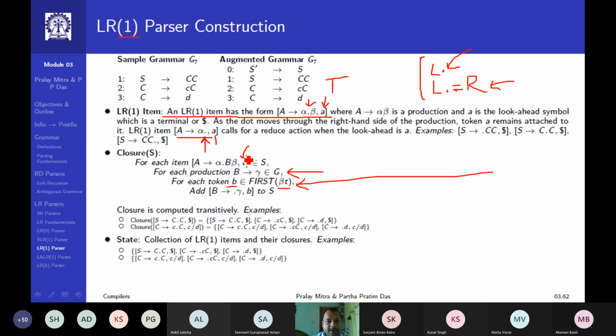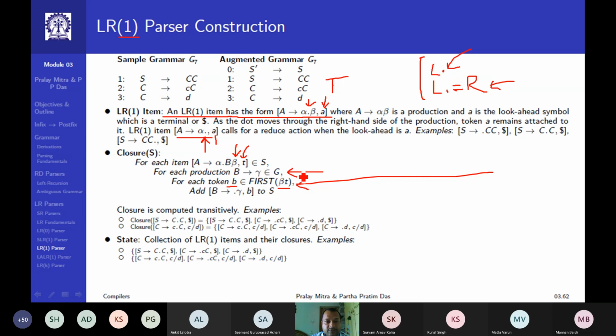If it will occur right after B, then when I see b, instead of shifting, you reduce to B, because first B will complete, then beta will appear.